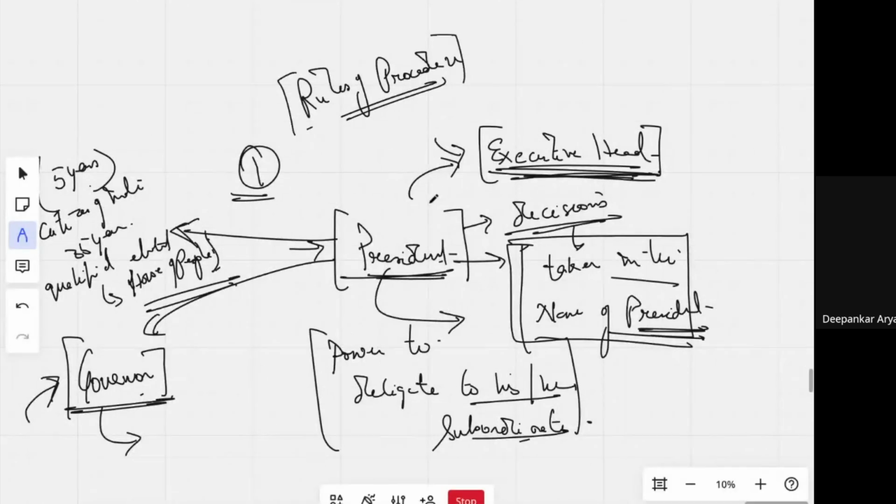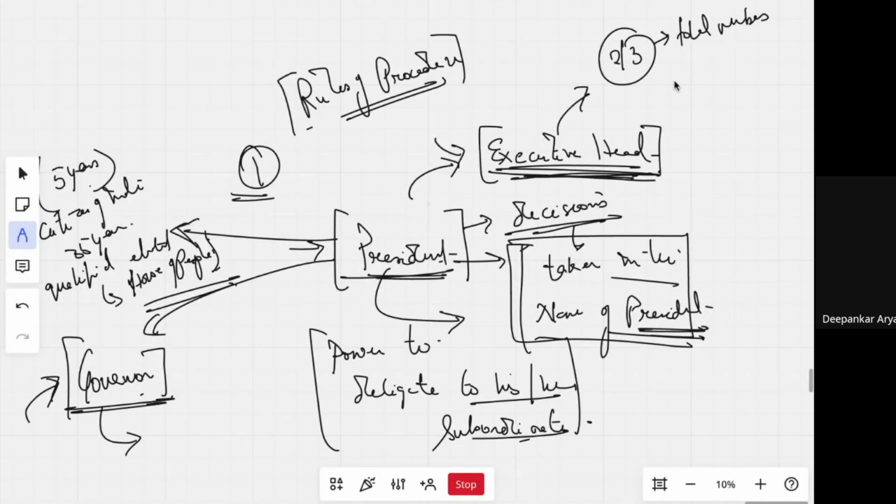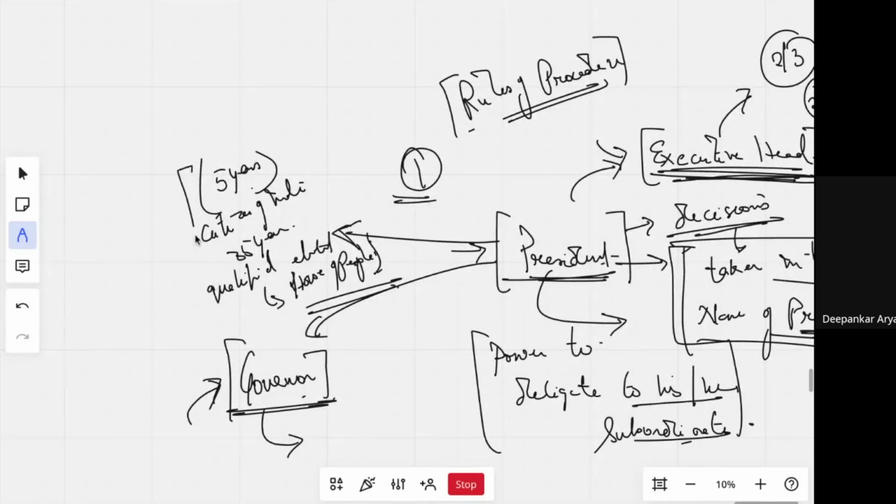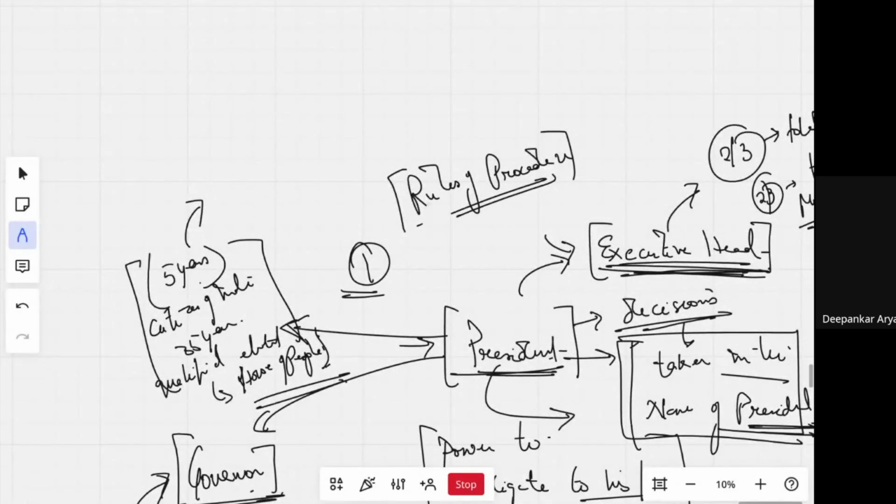The next is, we talked about impeachment. Two-thirds in the first house, on the basis of total members, and two-thirds in the other house, total membership. Now, the election of the President of India must be completed before the expiry of the term or after the end of term?